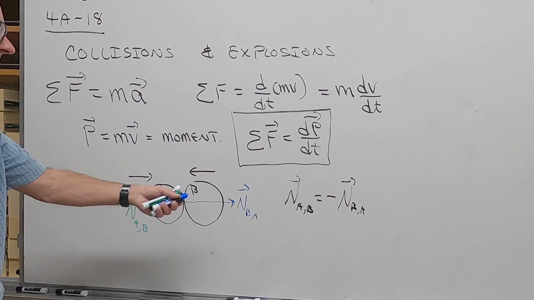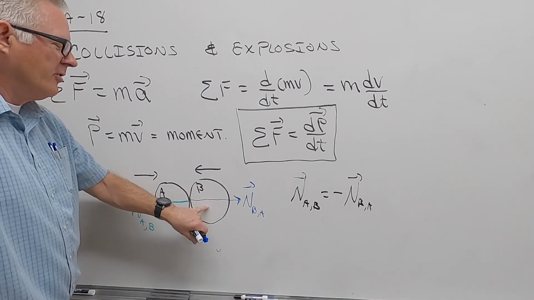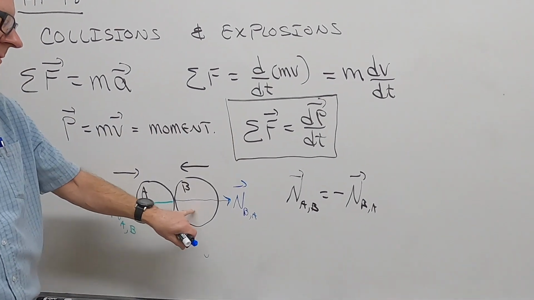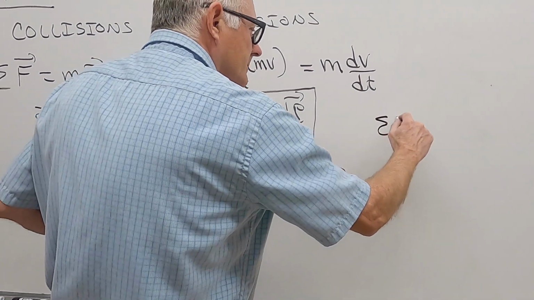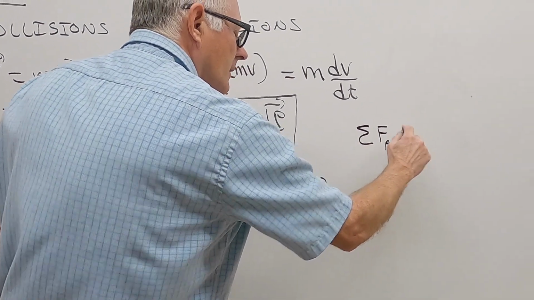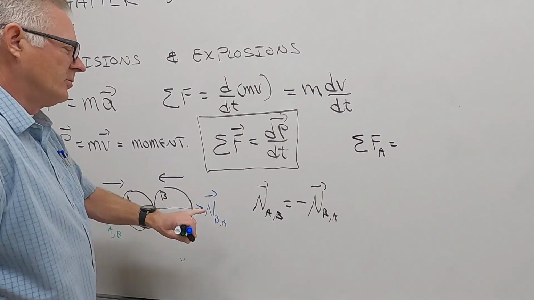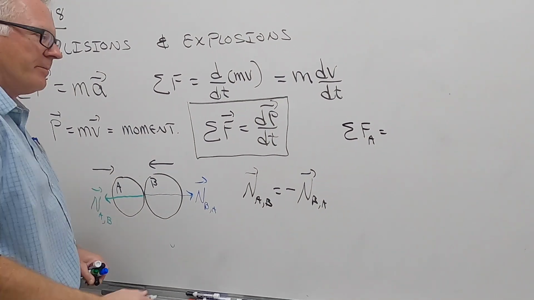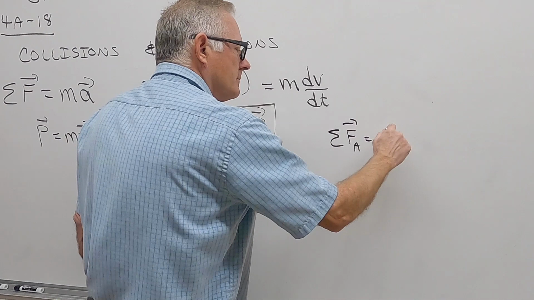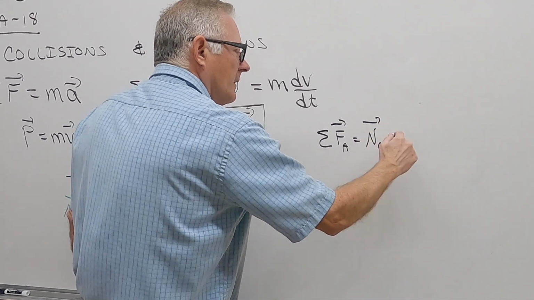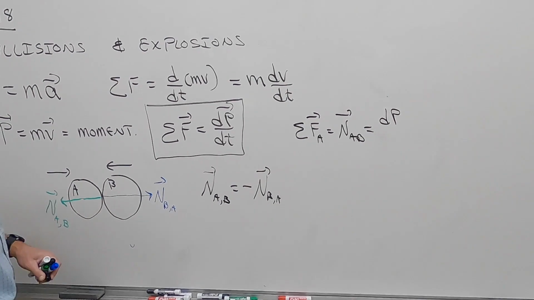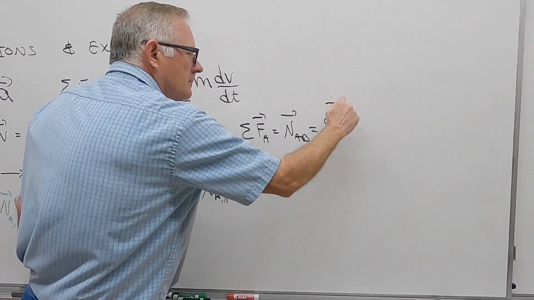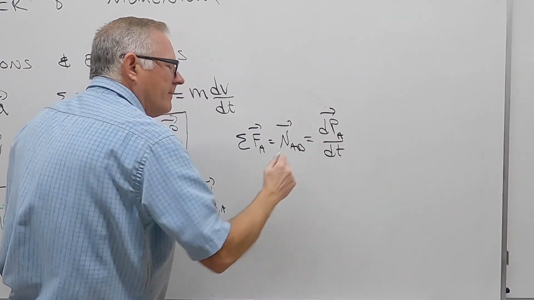So let's apply Newton's law to, let's say, object A. The sum of the forces on A is equal to, there's only one force, N_AB, and that equals the change in momentum of object A with respect to time.